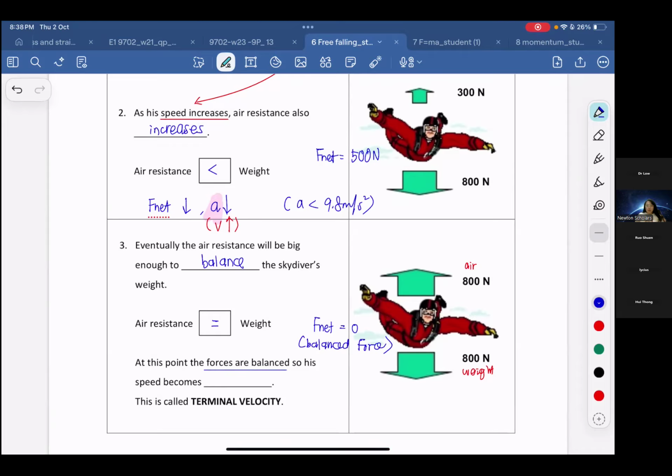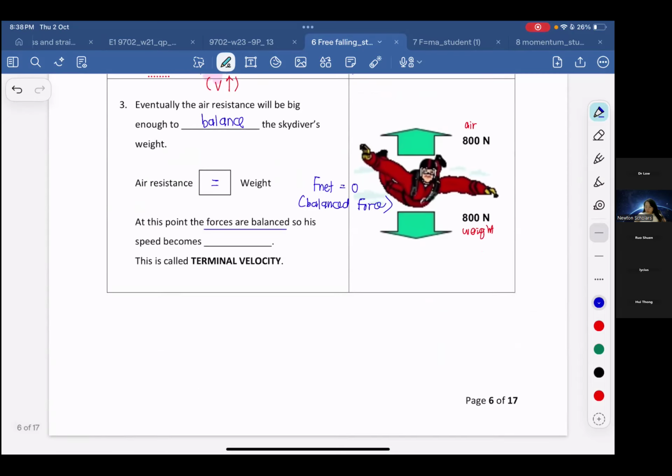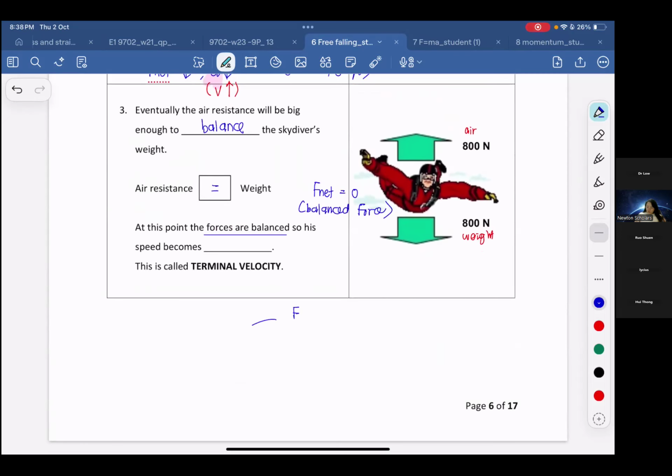So when the forces are balanced, we got two motions. Here I recall, force we can divide into two. One is called balanced, one is called unbalanced. If balanced, for example, the object has 10 Newton here, and also 10 Newton here.